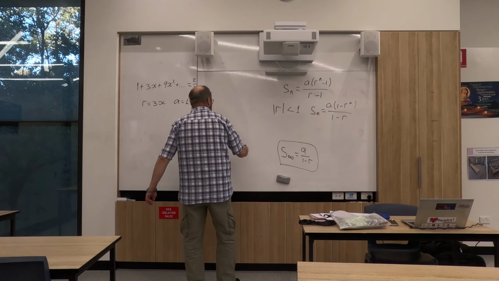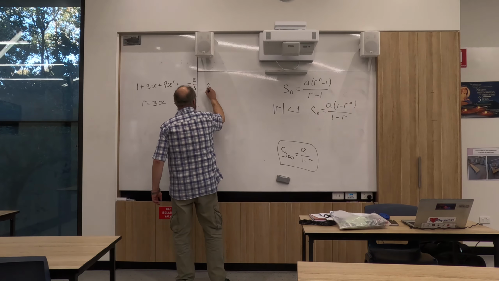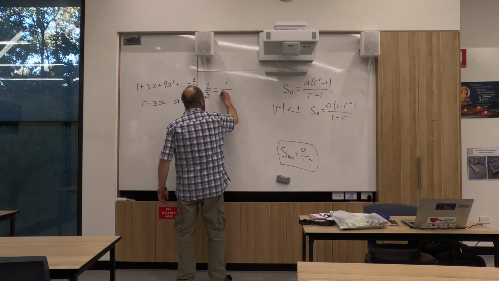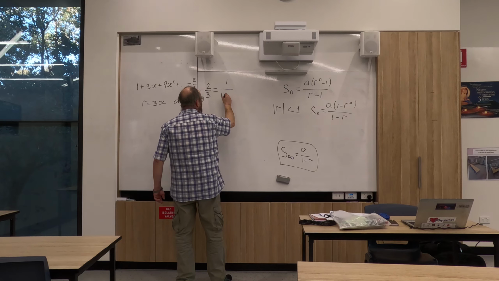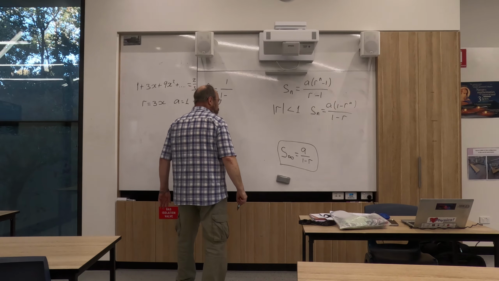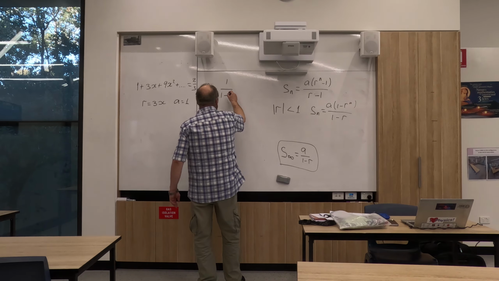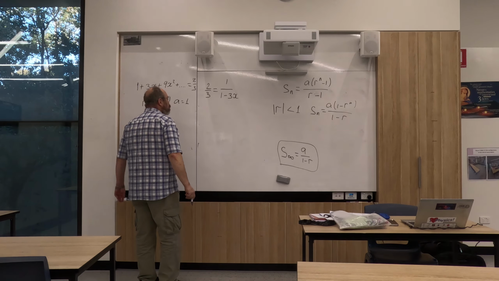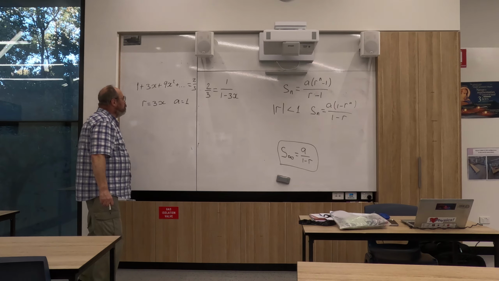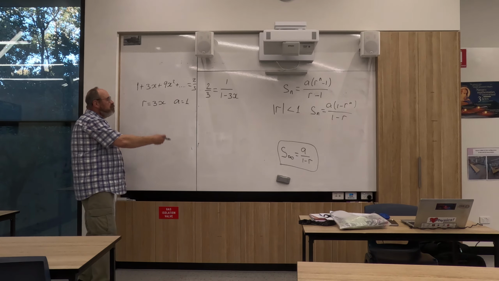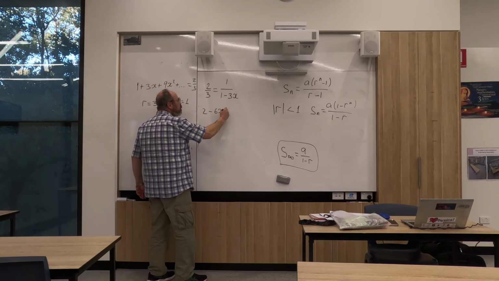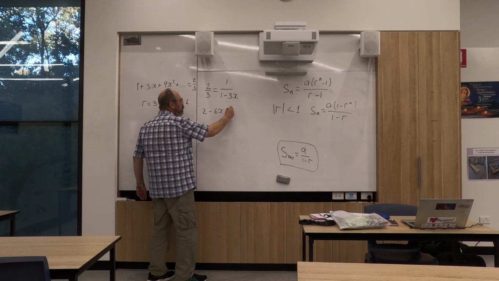So we have the sum to infinity equal to 2/3, equal to 1 divided by 1 minus 3x. Cross multiply, we get 2 minus 6x equals 3.